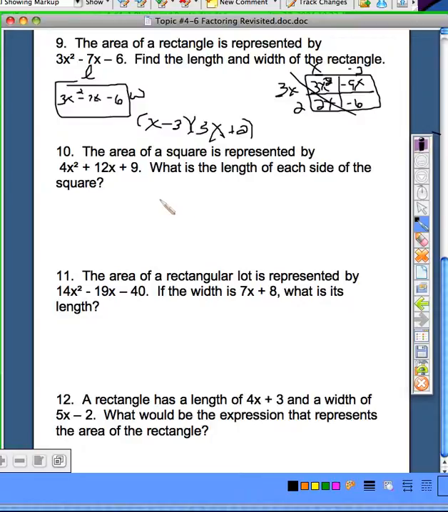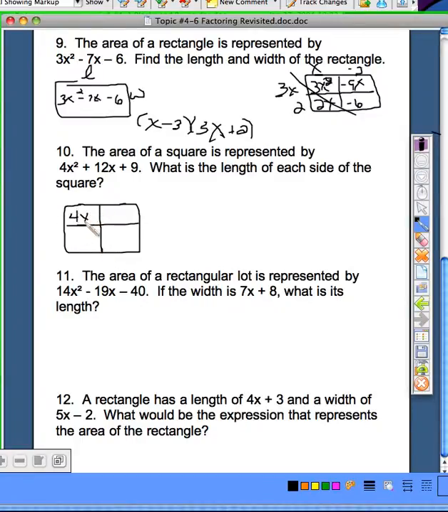All right, here, area of a square, they give you the area. What's the length of each side of the square? Okay, so this time we've got the same thing happening, but our dimensions are going to be the same because it's a square. And if they don't come out the same, we should know we've done something wrong.